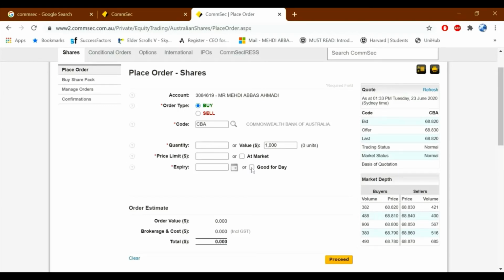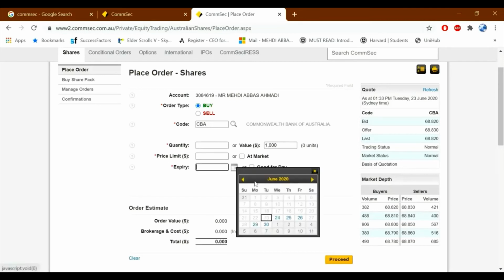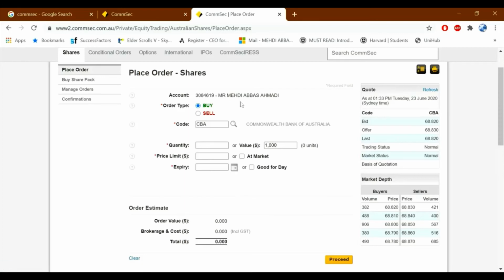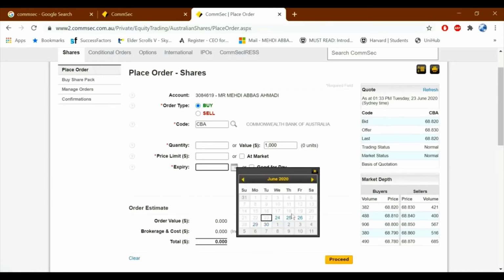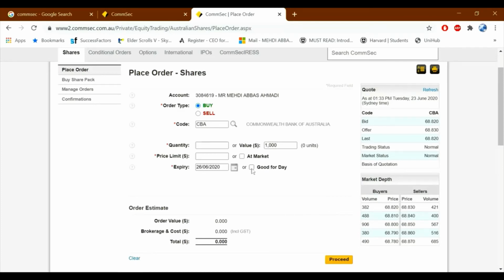So, let's say you know the company's price will go down quite a lot, you can choose the date that you want this buy order to last. Let's say you want it to last until Friday.